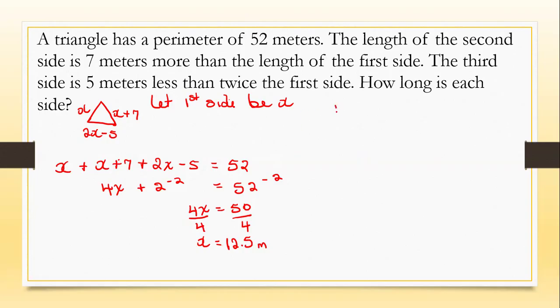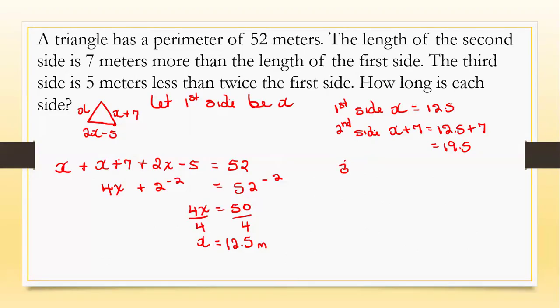So the first side, x, is 12.5. Our second side is x plus 7, which is equal to 12.5 plus 7, which is equal to 19.5.